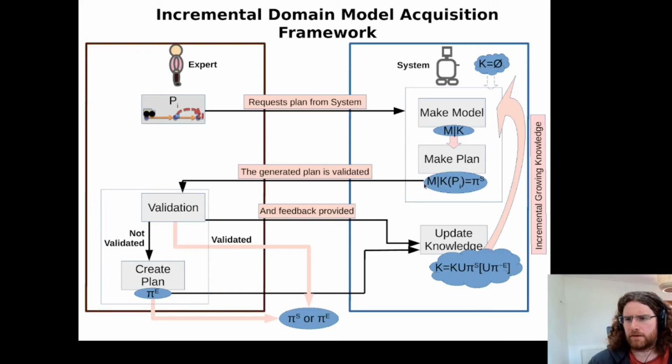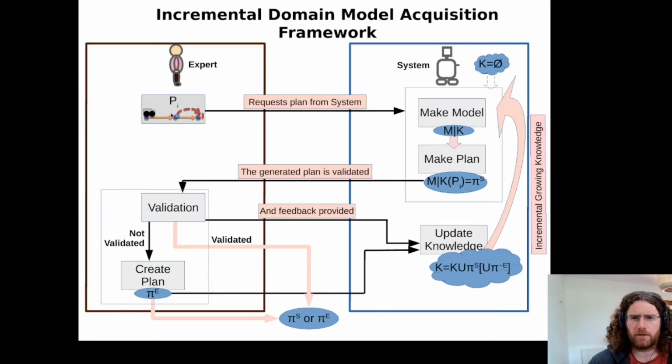And then whatever happens to that plan, we'll talk about in a second, it's going to update its knowledge base, and then it's going to start making a new model for the next iteration. Okay. And the idea is that this knowledge is going to grow as the number of episodes increases.